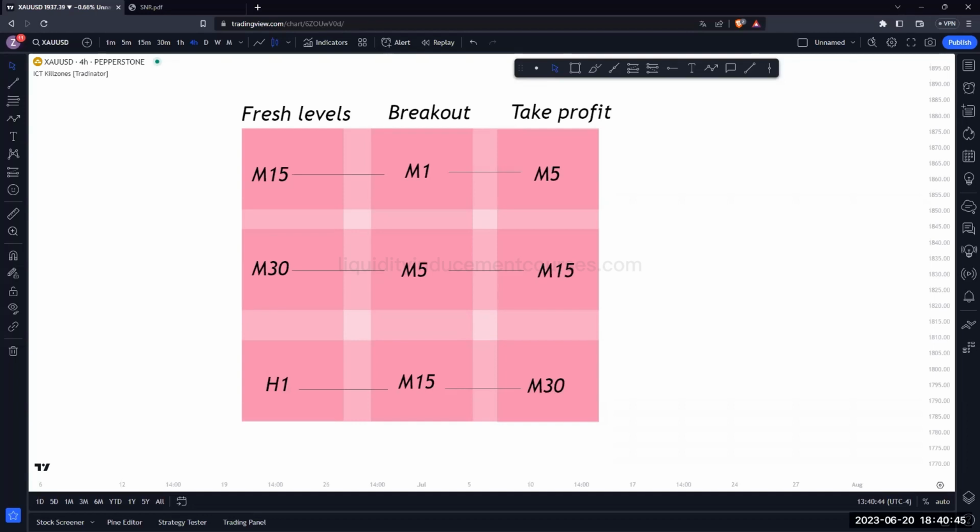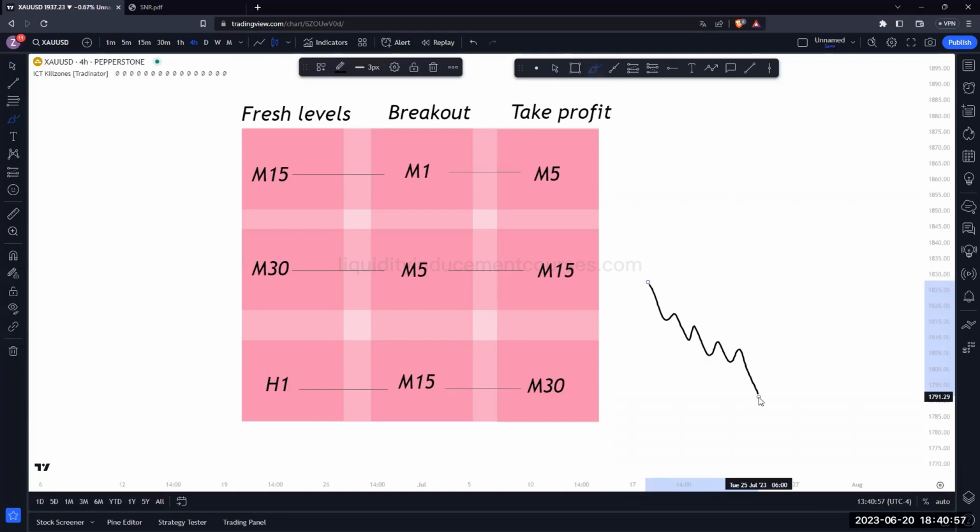I understand the breakout part, bro, but the TP level. Let me show you the risk to reward. Price will pull back to your M5 level, right? Your TP is not going to be a gap. It's going to be an A level.